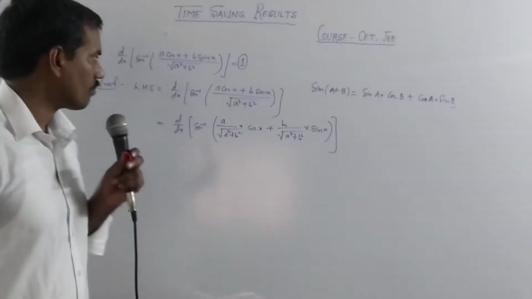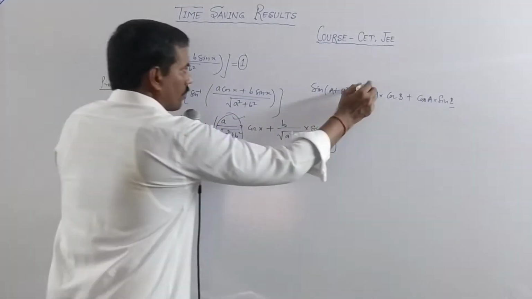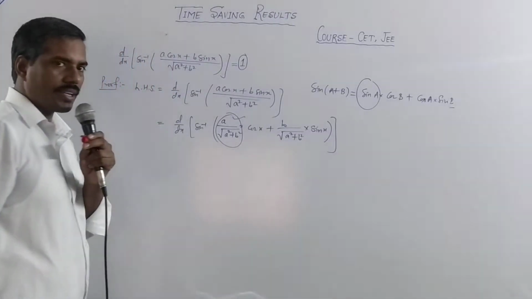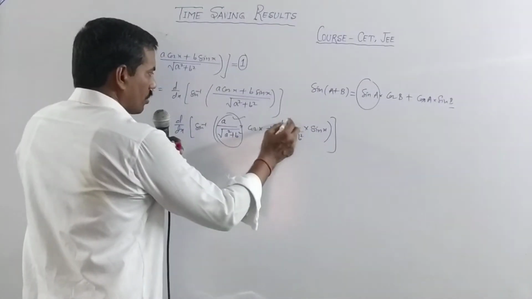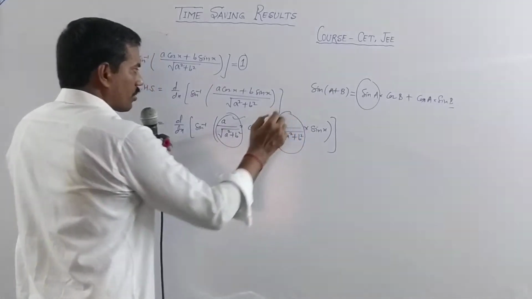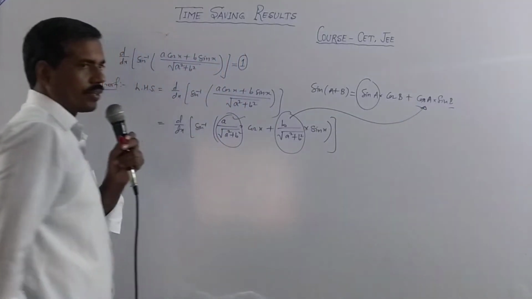If the first term is assumed as sine a, we should get the second term, b upon under root of a square plus b square, equal to cos a.